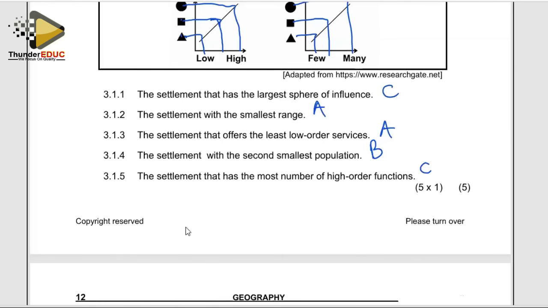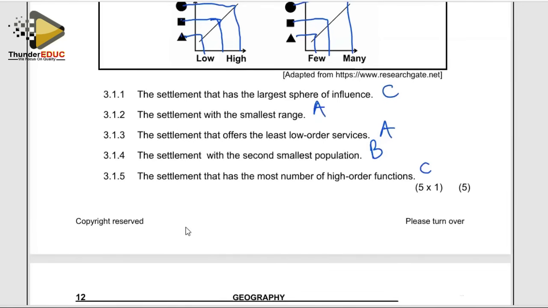It doesn't make much sense for one to travel 60 kilometers to go to a primary school. It does not make much logical sense, because those are low order functions and primary schools are almost everywhere. But for universities, you can be prepared to travel from Joburg to go to the University of Cape Town.